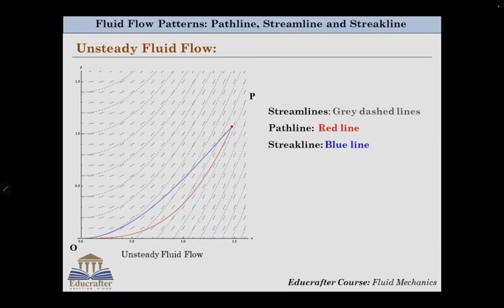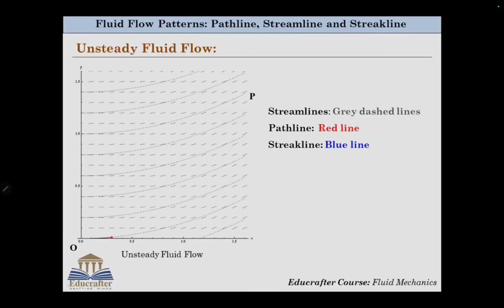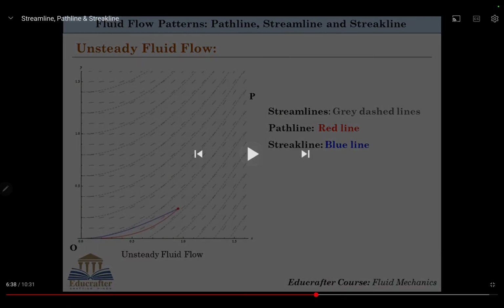We can see how the streamlines are actually changing from t equals t naught. I don't know what t he used, so from t equals ti to t equals tf. Okay, so in time tf minus ti, let's say the streamlines change like this.